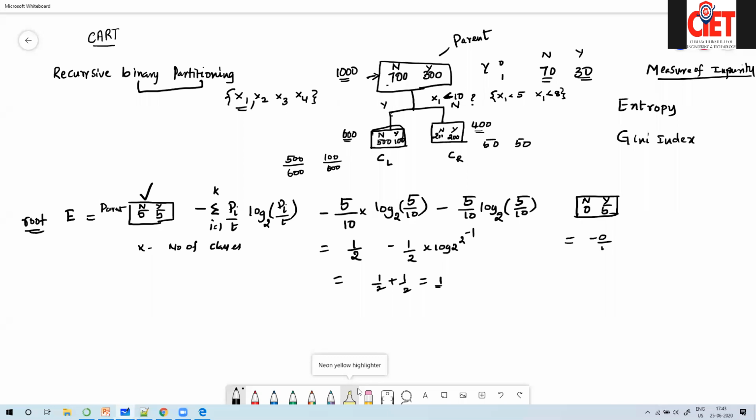Minus 0 by 5 log of 0 by 5 to the base 2. Though it is undefined, this becomes 0, so I'm going to remove this. Minus 5 by 5 log of 5 by 5 to the base 2. So this is 1, log 1 will be 0, so the overall value is 0.